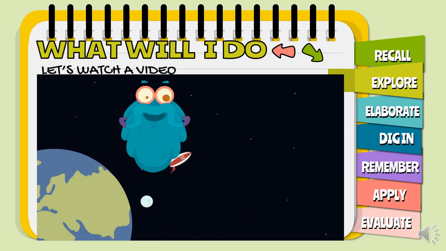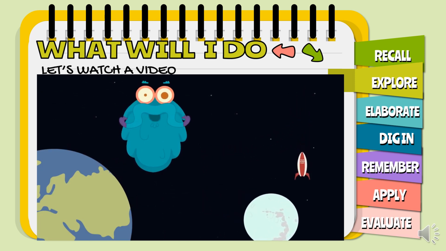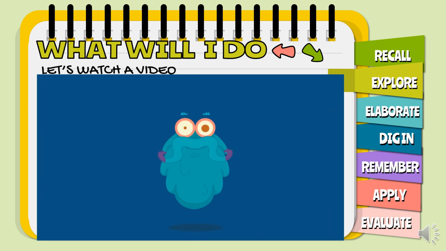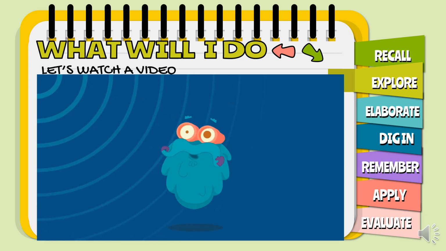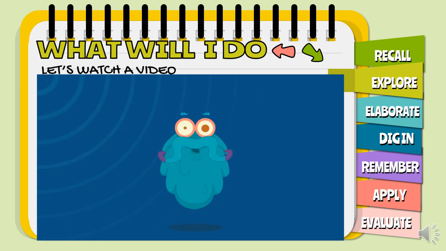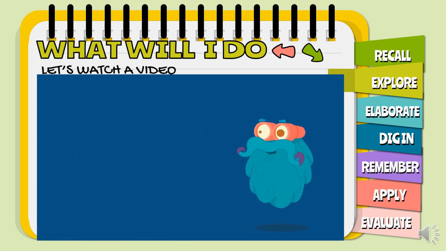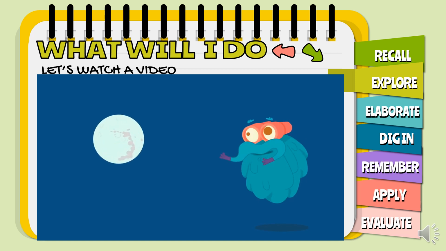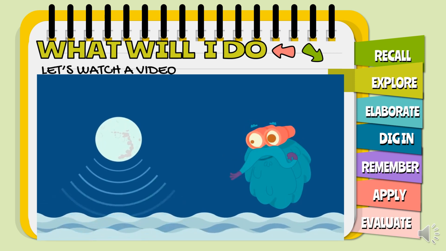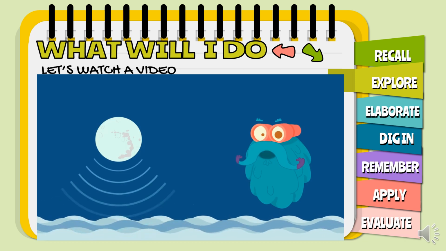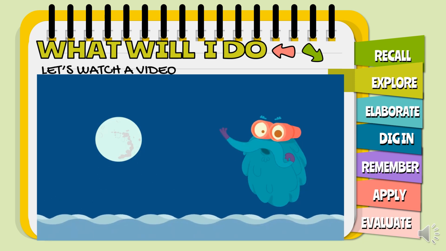That is why the moon rotates around the Earth and does not float away. That's amazing, isn't it? An invisible force has so much to do with the way we live. Oops! I forgot to tell you. The tides in the sea and oceans happen because of the gravitational pull of the moon.